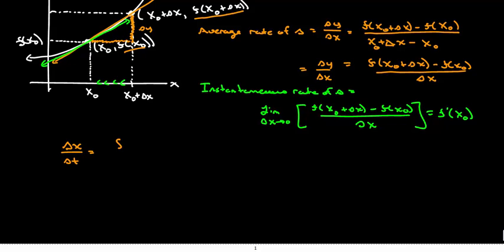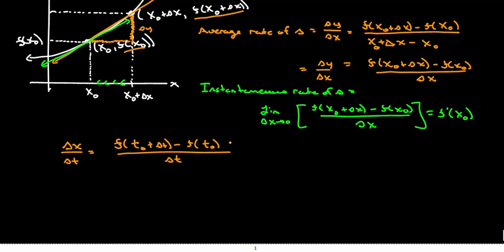So that would be f at your initial time plus your change in time, minus your function at your initial time, over your change in time.